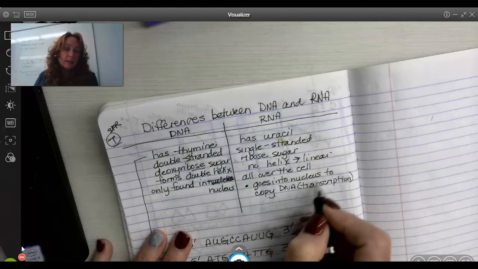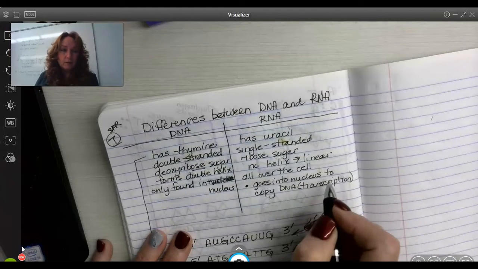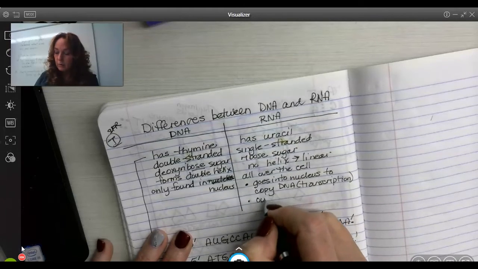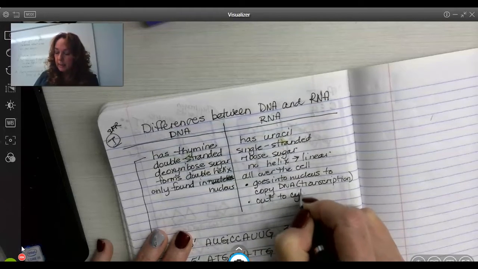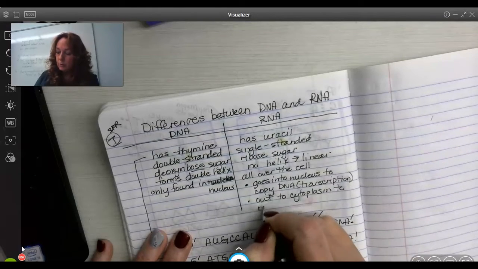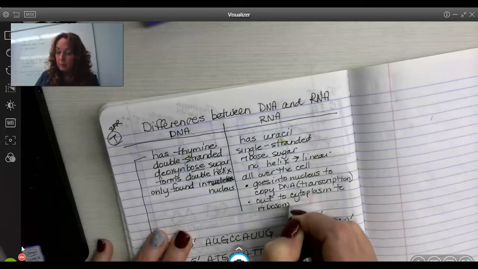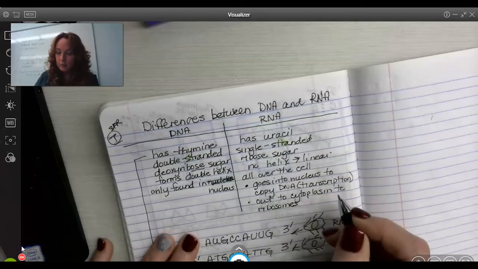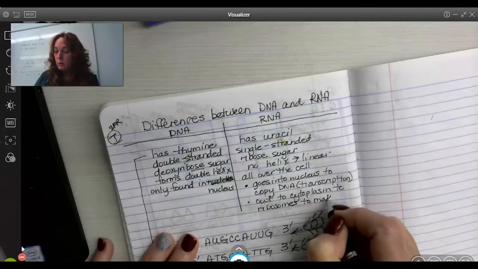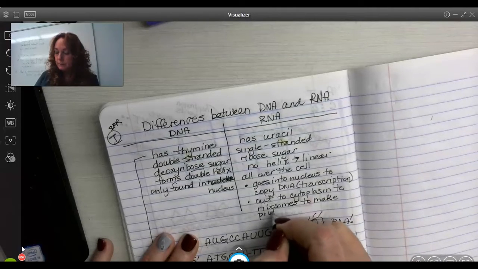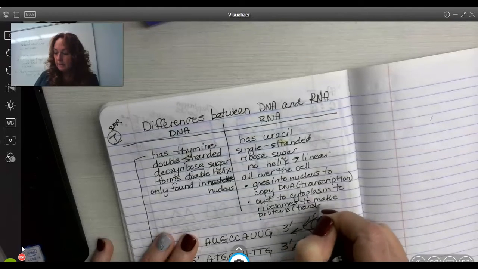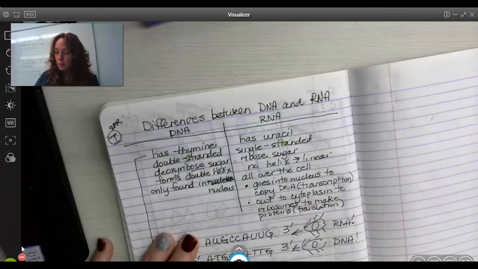And then it can easily come out of the nucleus, not a problem. So it'll come out of the nucleus and move out to the cytoplasm, and it'll go to ribosomes. Ribosomes are always outside the nucleus, and it'll be used to make proteins. And that process is called translation. We have a whole unit on that.